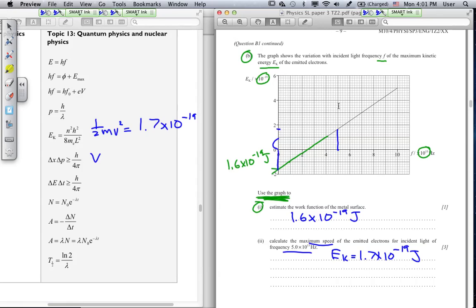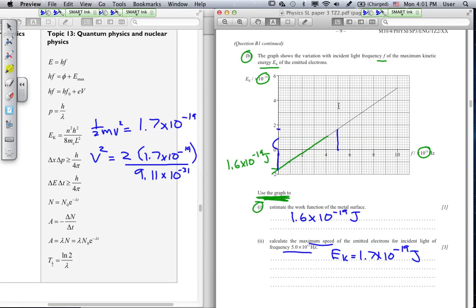So we're going to have, therefore, v squared equal to 2 times 1.7 times 10 to the negative 19, and we're going to divide that by the mass. We're looking at the mass of an electron, which is 9.11 times 10 to the negative 31.